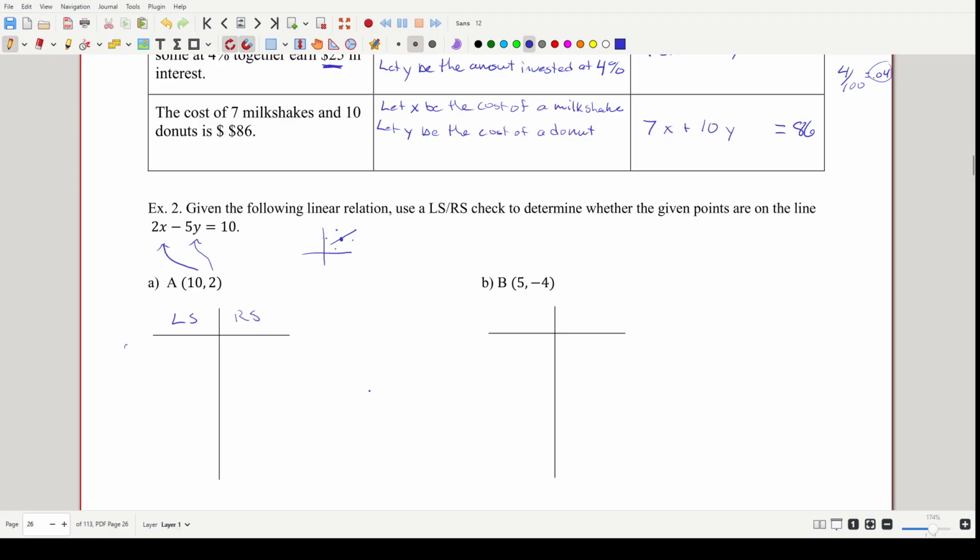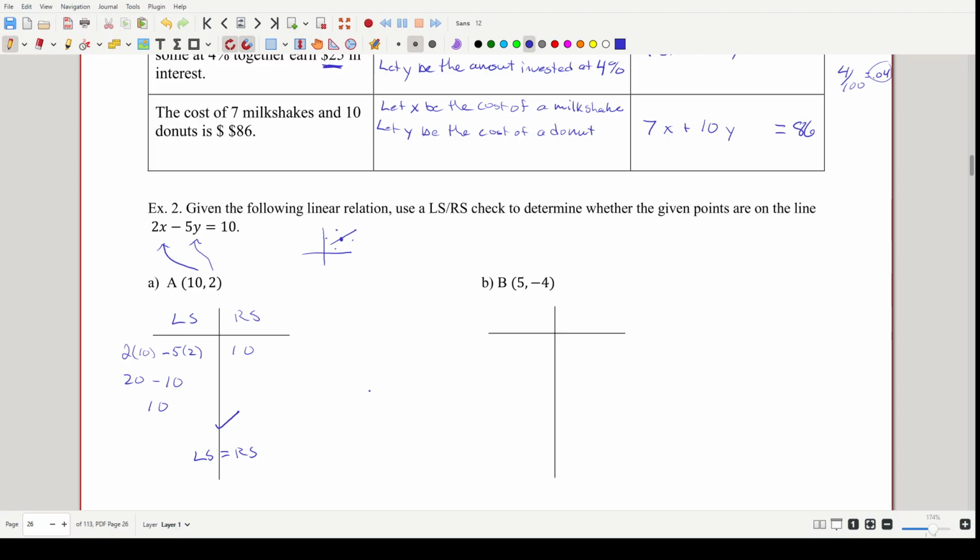We have 2 times 10 minus 5 times 2. And on the right-hand side, we have 10. So 2 times 10, that's 20. Minus 5 times 2 is 10. 20 minus 10 is 10. So yes, they match. Left side is equal to right side.